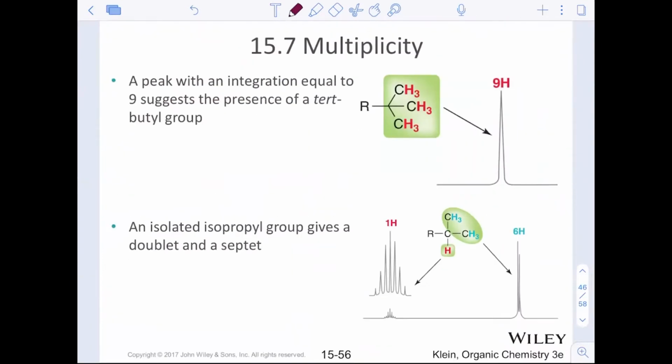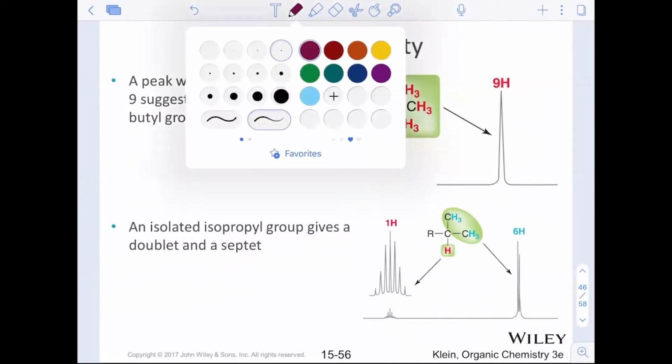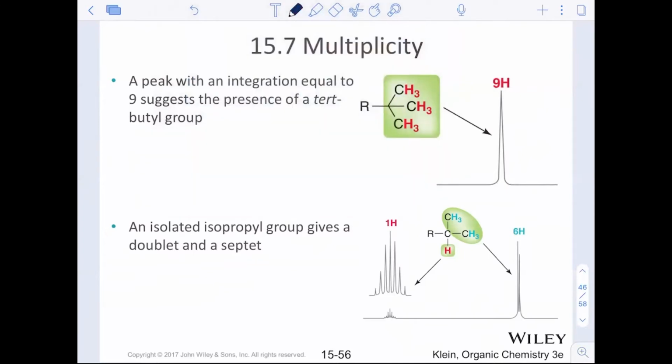All right, some things that I just want to present that are really good to remember, really good to observe. And these are things that we'll see a lot of. If you see a singlet with 9 H's, all right, 9, that suggests the presence of a tert butyl group.